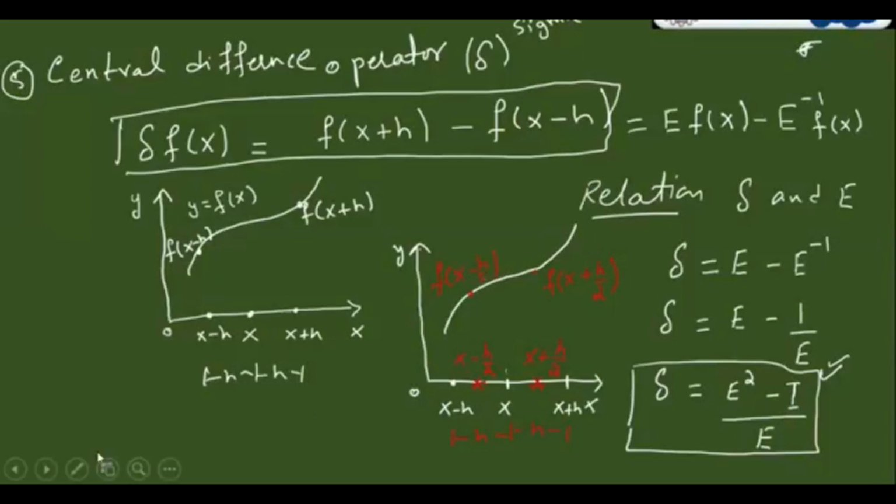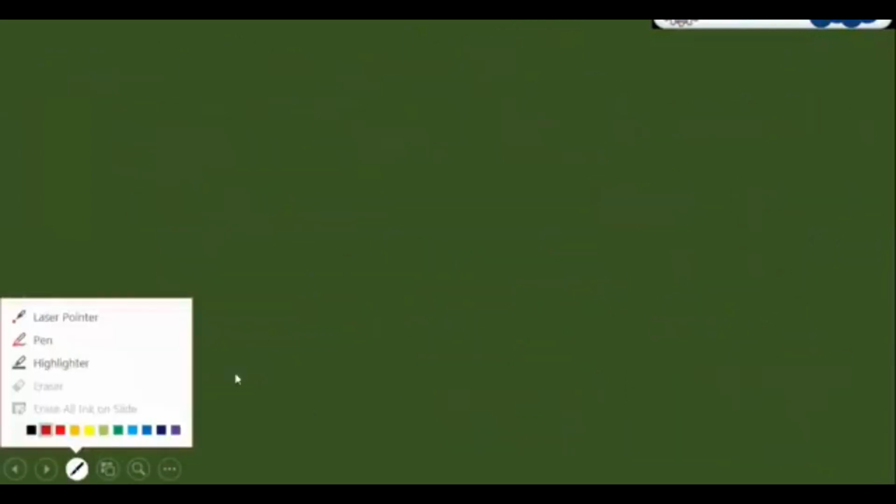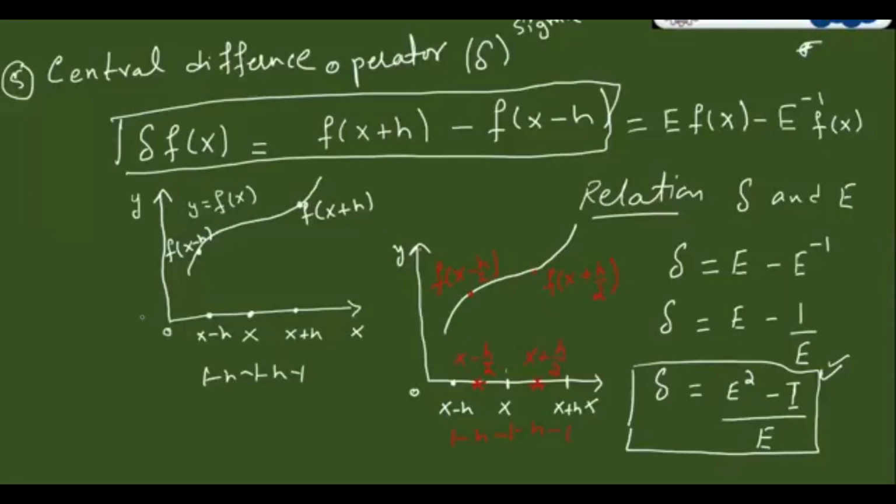Maybe some of you cannot see the red color, so let's use blue. It is not that difficult. It is the same thing but with the blue color. So I compute f of x plus h by 2 and f of x minus h by 2.